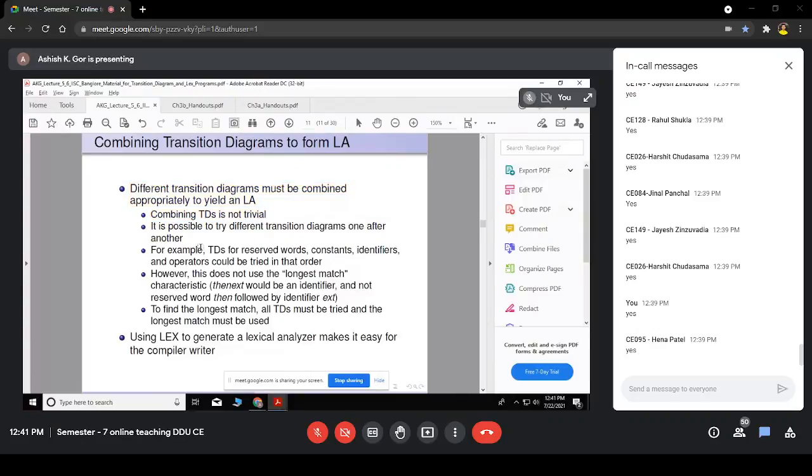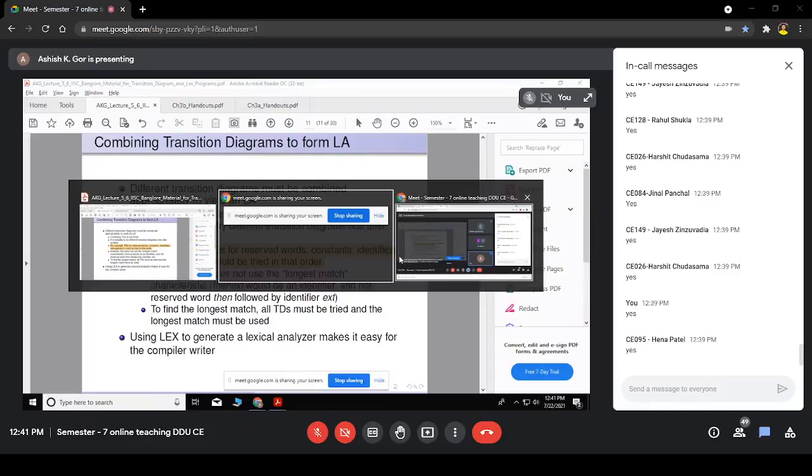If somebody is really interested in designing a lexical analyzer, this is my advice. First, you should create a diagram for reserved words like keywords, then constants like integer constant, float constant, character constant, literals, strings, white spaces and everything, followed by identifiers, then operators. This is like a heuristic.